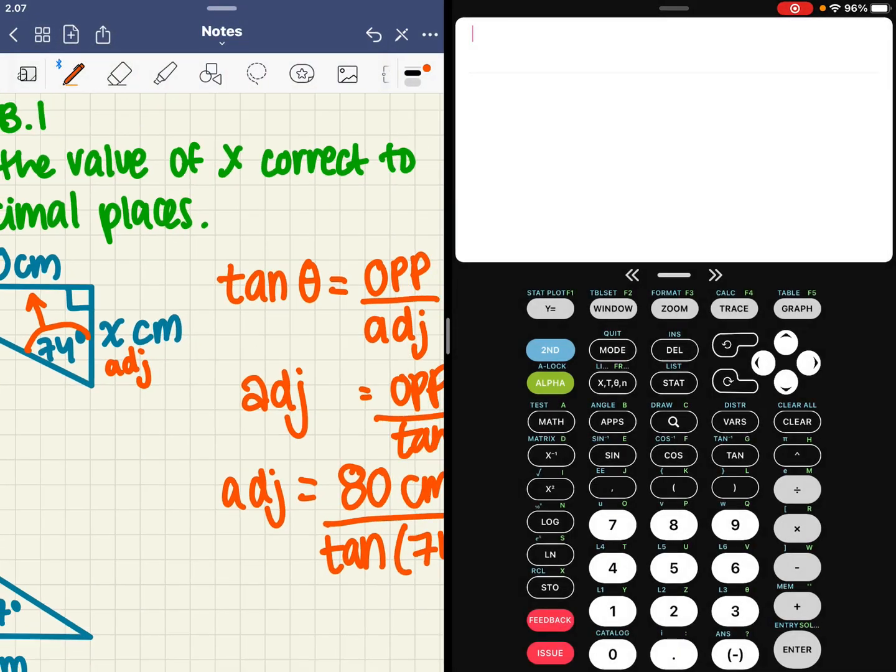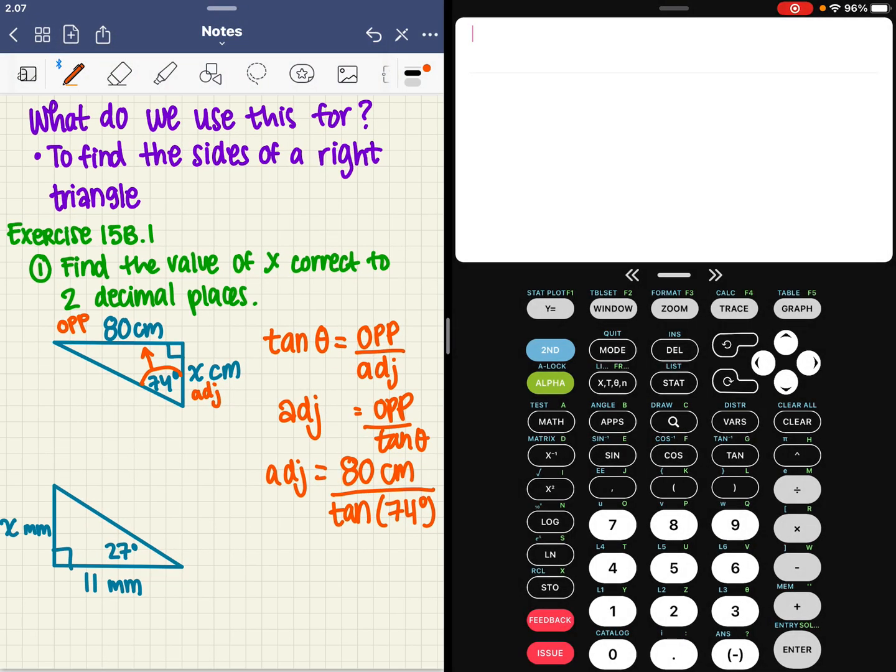So let me show you how that works. So we have 80 divided by, okay, hold on. So 80 divided by tangent. So tangent is above the closing parentheses, like 2 buttons above 9. Tangent 74.